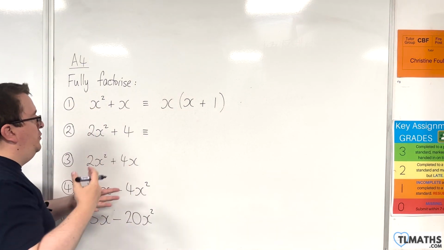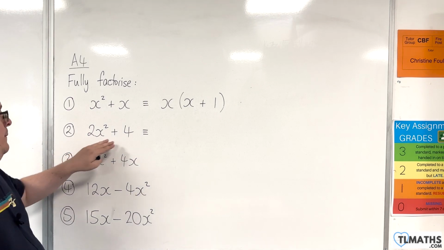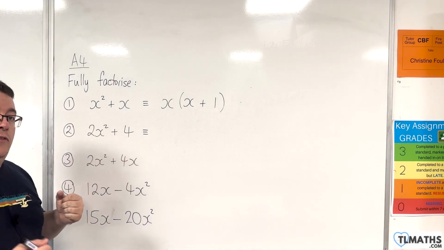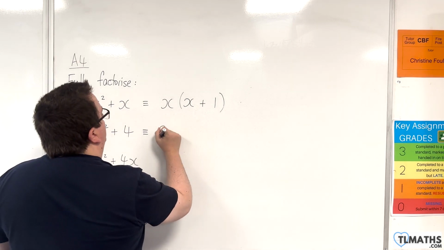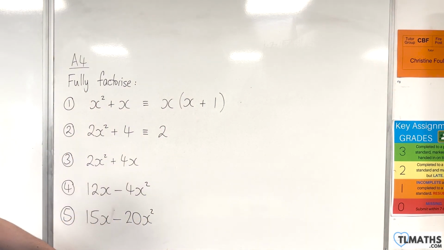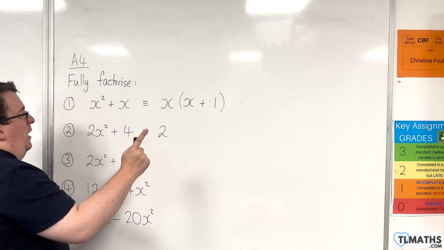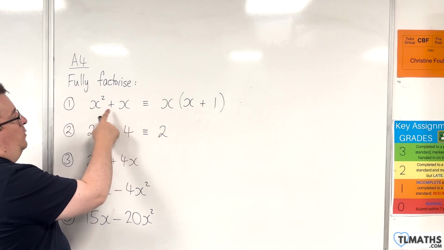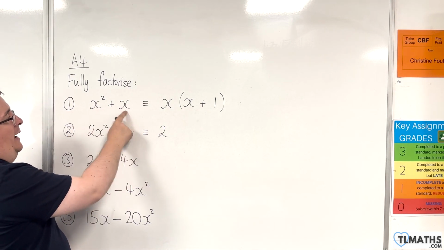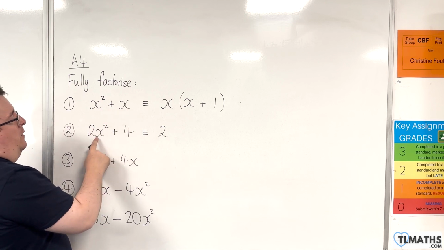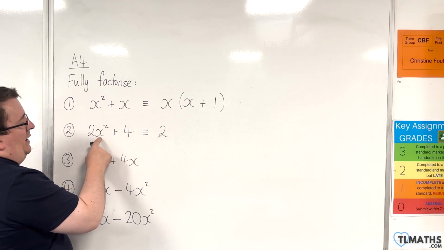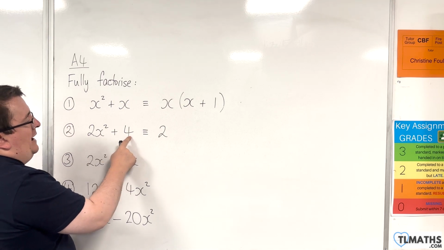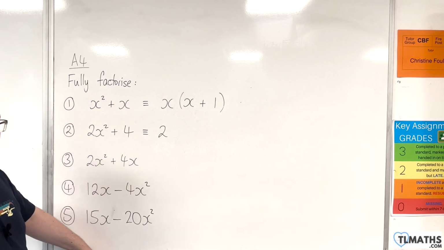So you look at the coefficients first. We've got a 2 and we've got the 4. They both have a factor of 2. The highest common factor is 2. So that can come outside of the bracket. Now, unlike the first example, where both terms had x involved, these two terms do not both have x. This has x involved as a factor, but x is not a factor of 4.